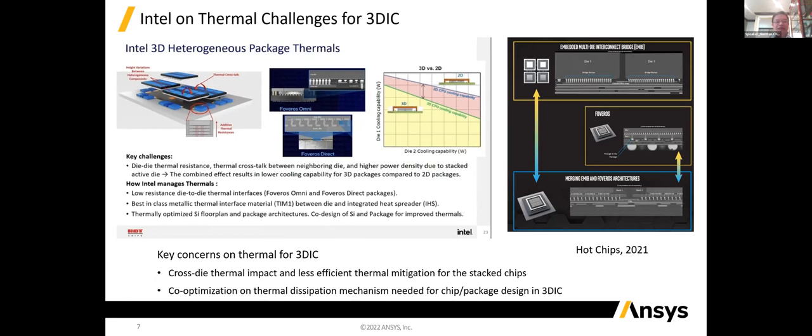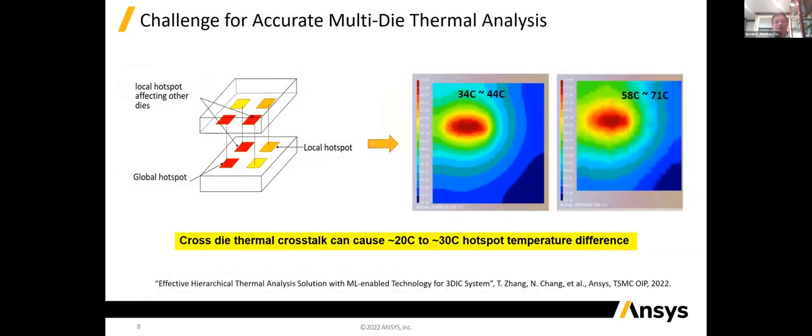So they recognize that cross-die thermal coupling will be important. When you perform co-optimization for thermal dissipation, we need to consider both chip and package design in the 3D IC as a whole for the best thermal mitigation mechanism.